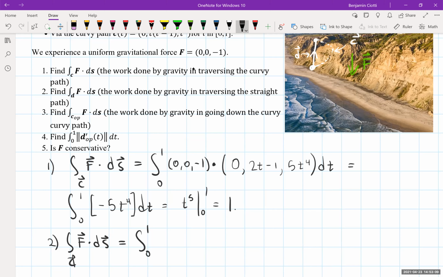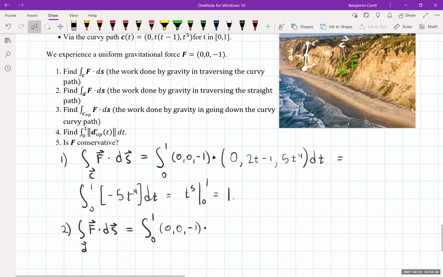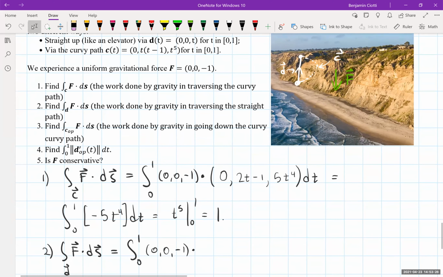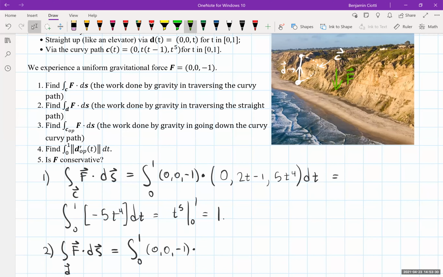This will be the integral from 0 to 1 of 0, 0, -1, dotted with, in this case, 0, 0, t. So D prime of t is 0, 0, 1. So I'll get a 0, 0, 1.